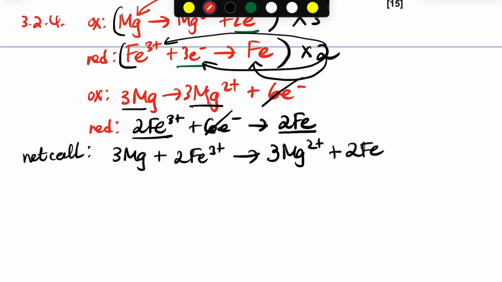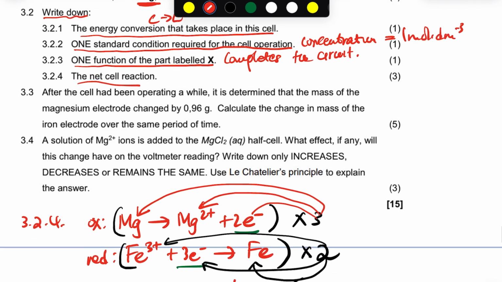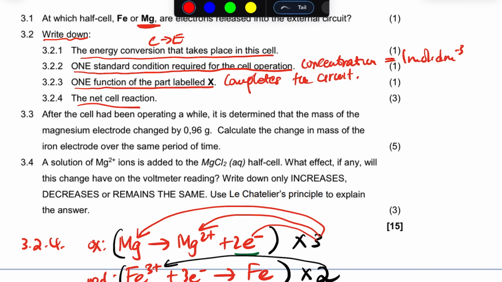So that's what we have, the net cell there. Okay, now going to question 3.3, it says after the cell has been operating for a while, it is determined that the mass of the magnesium electrode changes by 0.96.